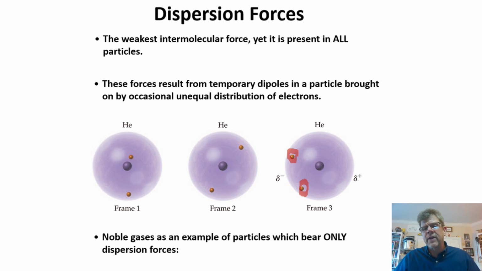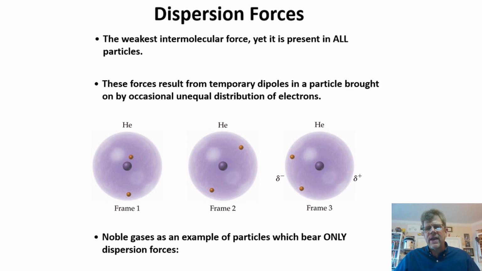That brings with it a partial negative charge over on that side due to the excess of electrons just in that instant. The deficit of electrons on the other hemisphere brings about a partial positive character. Notice how I'm using these words. It's not a positive and negative charge. They're just partial positive or partial negative characters.